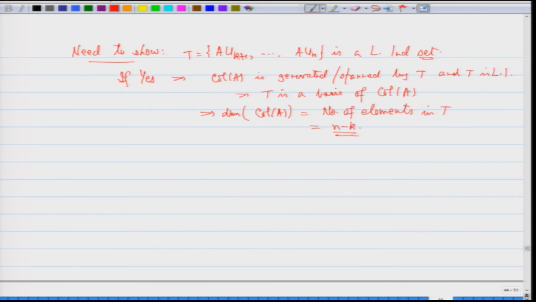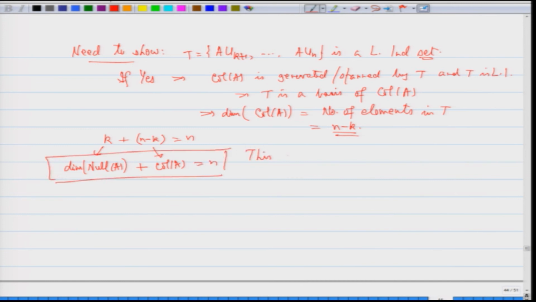Fine. And this will imply that k plus n minus k is n, k for the dimension of the null space of A and n minus k for the column space of A. So, the dimensions of the null space of A and the column space of A give you this, and this completes the proof.